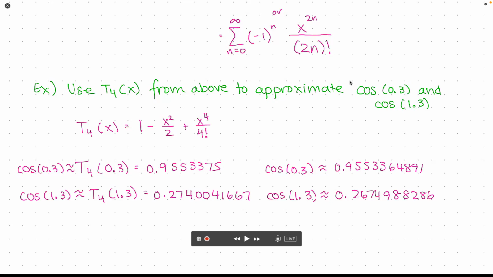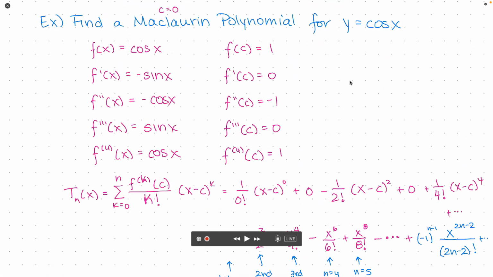We're just running into the same problem, trying to find cosine of 1.3 if we're trying to find cosine of 1. And so the idea is that we're using these known values to help us approximate these unknown values. Because remember, to derive that whole thing, we had to take all the derivatives and be able to evaluate those at C. So to evaluate these at 1, I don't know what they are.